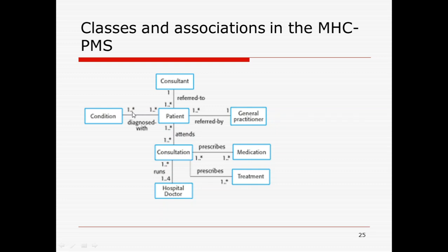So one or more of this particular class is associated with one or more of this class. So both in one and more, multiple values of this particular class will be related with the multiple values of this particular class. Okay. So that way the entire system's class diagram is shown in this diagram.